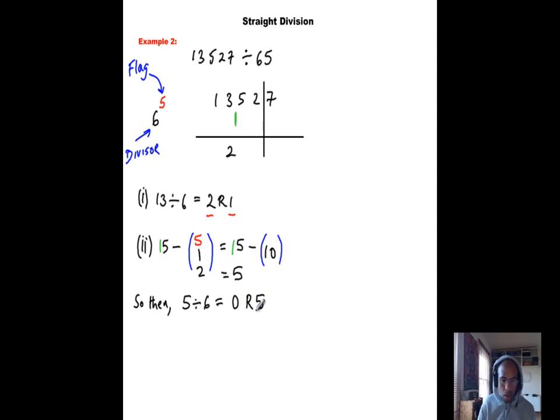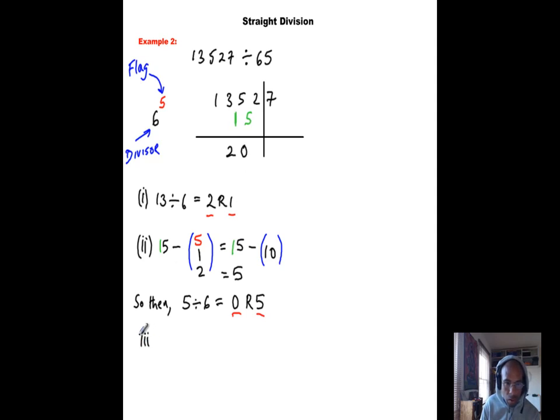It says, no, you can't divide into me. Just go away with your remainder. So you go 0, remainder 5. So we put the 0 like so, and prepend the 5 next to the 2 in green in our case. Put the 5 like that. Okay, so that's stage 2 finished. Let's look at stage 3.